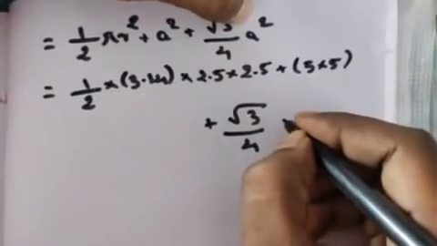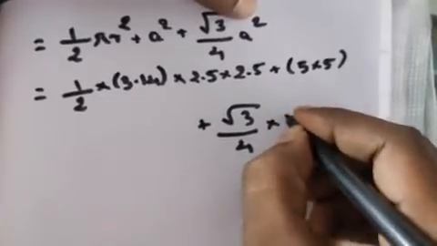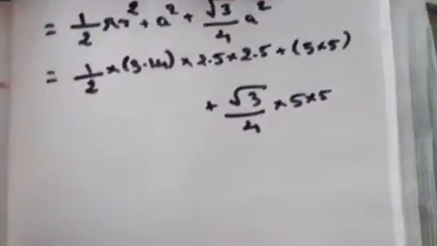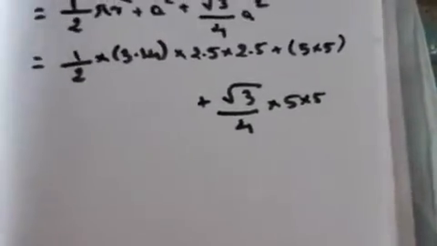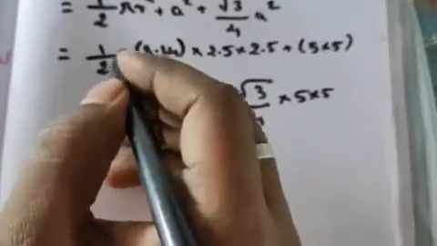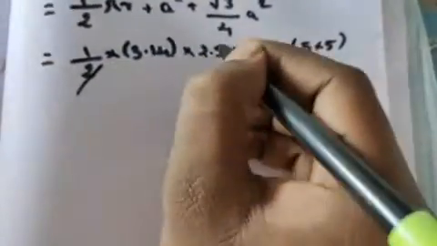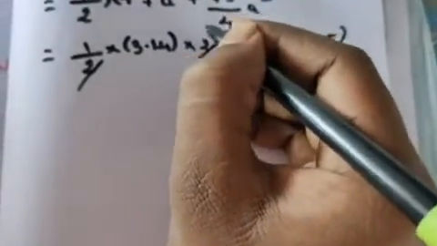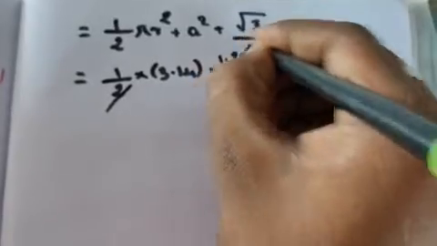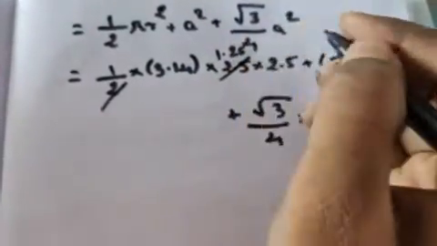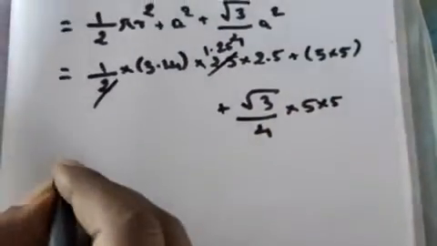Therefore, a is equal to 5, a square is 5 into 5. Now we are going to cancel. Here we have 2. 1 twos are 2, and cancel this. We get 1.25. Then plus 5 fives are 25, and the remaining things will be in the next step.